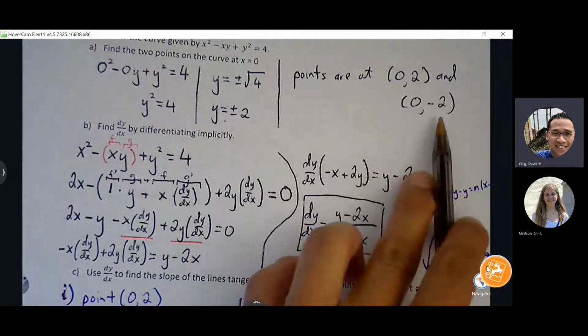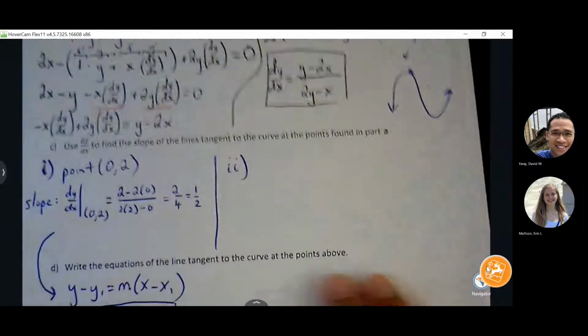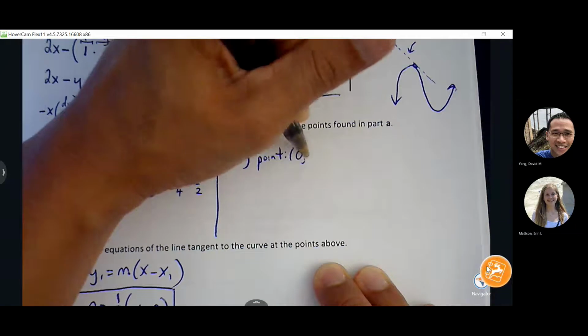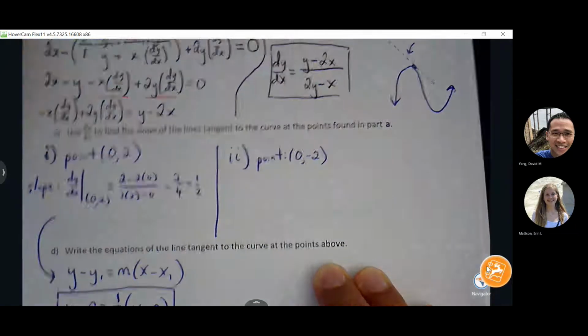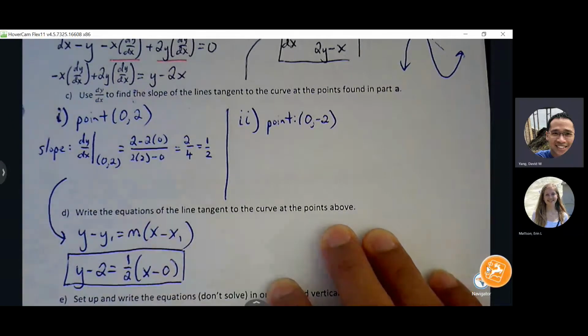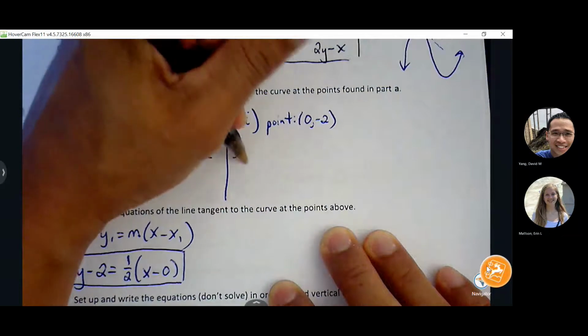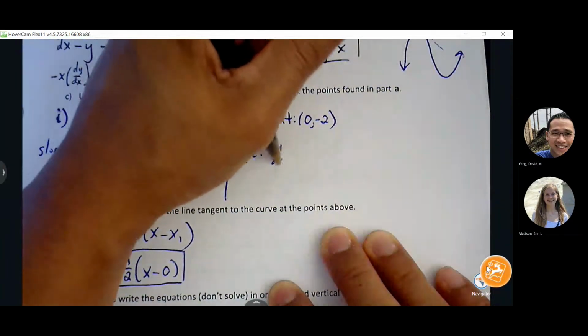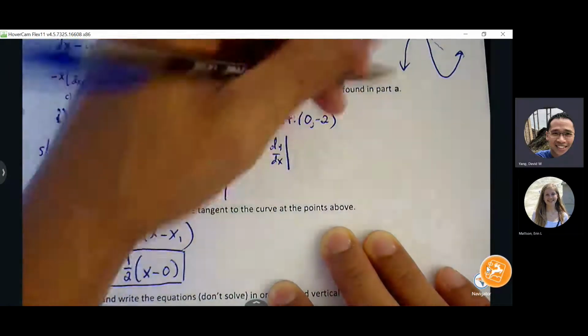My second point that I found from part A is (0, -2). Do the same work: insert the ordered pair into the derivative to find my slope. Vertical bar.